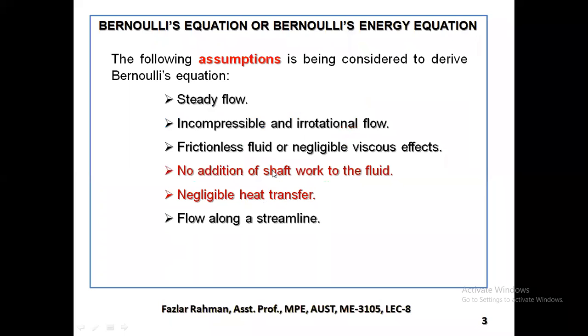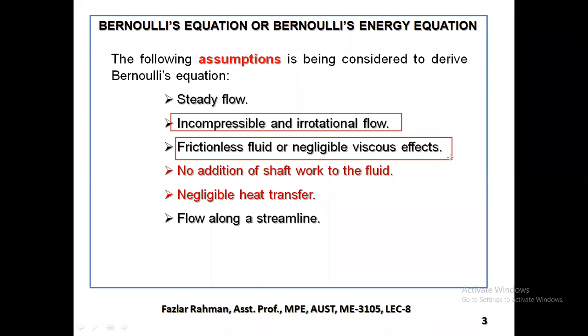Before we derive, we have to consider some assumptions, like steady flow. Flow is incompressible, so we are thinking density is constant, and there is no rotation of the fluid. And frictionless fluid, that means no viscous effect. Newton's law of viscosity does not work there because viscosity is considered negligible or zero. No addition of shaft work to the fluid.